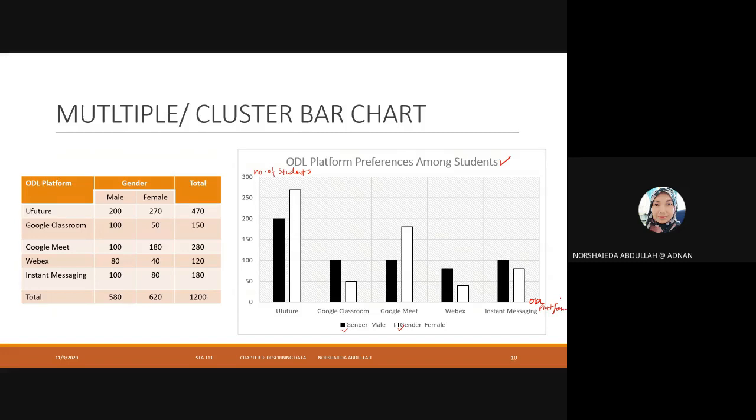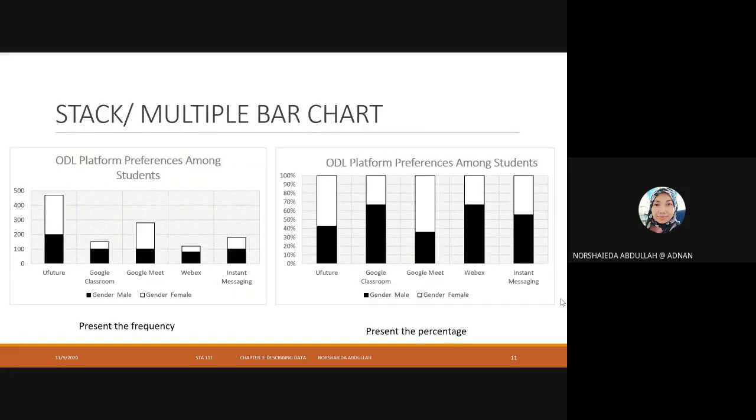Right. So the third type of bar chart is stack or component bar chart.